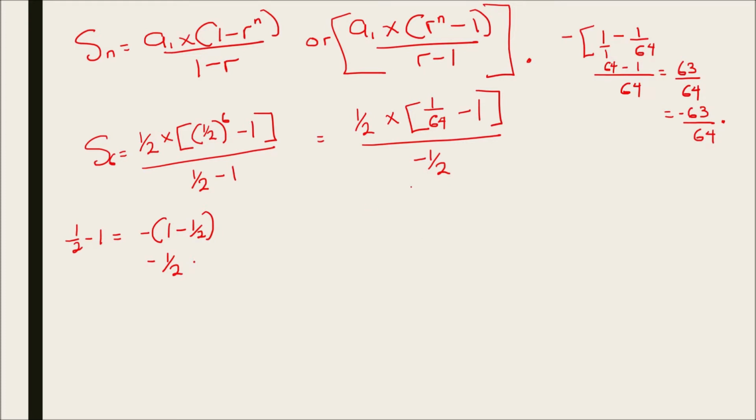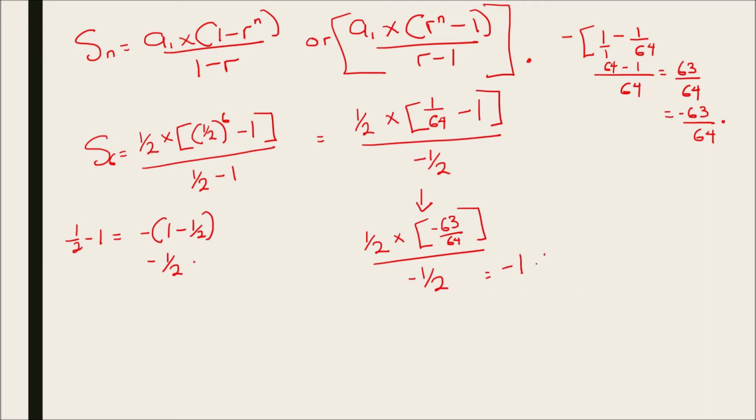Let's continue: half times minus 63 over 64, over minus half. Now we can break these down because half divides half. Remember, there's a minus sign, so half divided by minus half gives me minus 1.